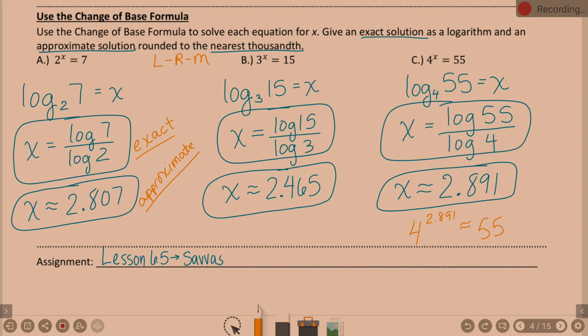I use second, and then above the negative sign it says ans. That's grabbing your most recent answer that the calculator did. And it's going to give me exactly 55 because now I'm not using the rounded version. So there's always a way on scientific calculators to grab and use the most recent answer. You just have to know what buttons to push to get there. So, okay. So yeah, you can check them. There's your proof it works.